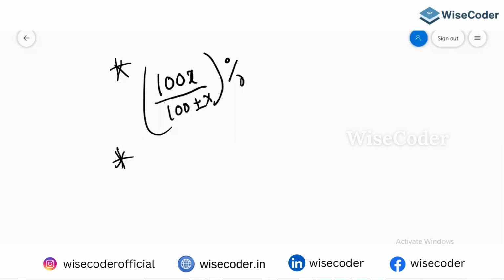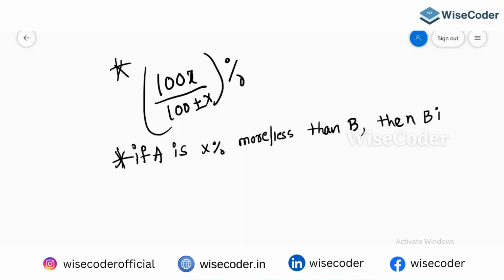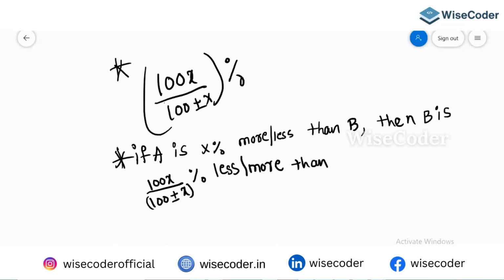If A is x percent more or less than B, then B is 100x by 100 plus or minus x percentage less or more than A. Okay, this is where we can use this formula again.